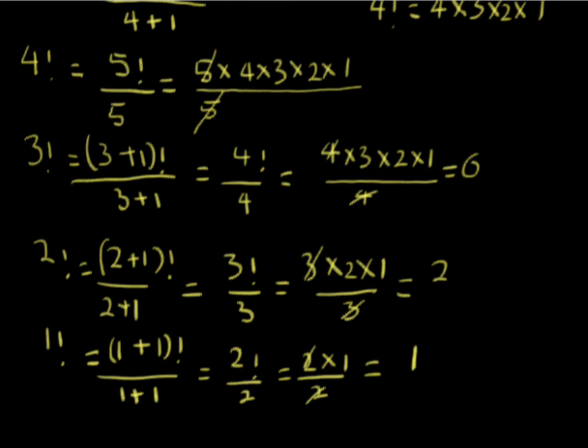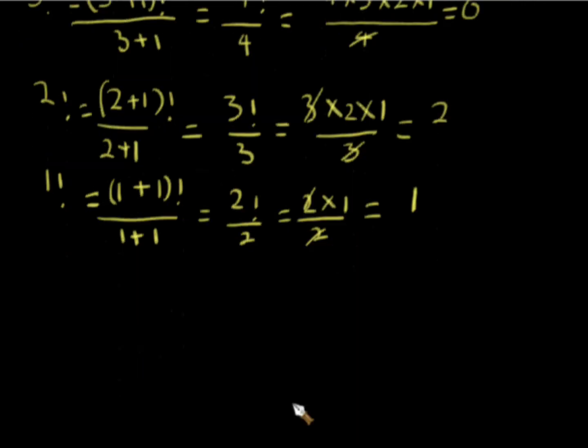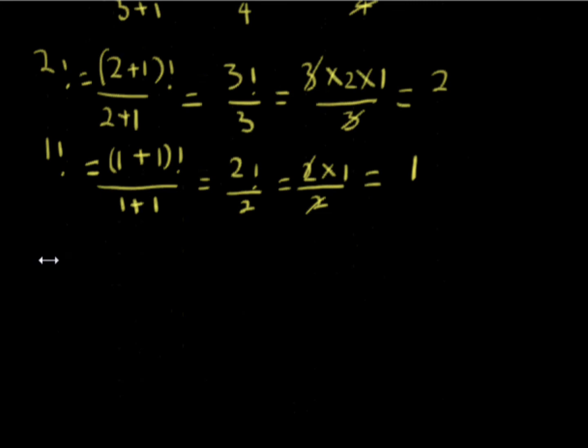Can you feel the drum rolls now? For 0 factorial, the reason why we are here today, 0 factorial. Let's prove that and let's see what it gives us. Now according to our formula, we're going to add 1 to 0. 0 plus 1 factorial divided by 0 plus 1, right?